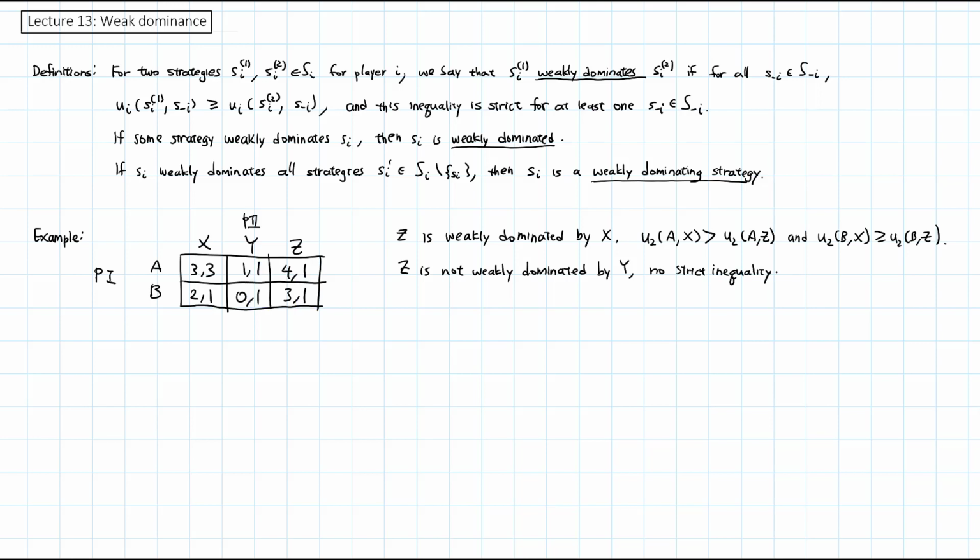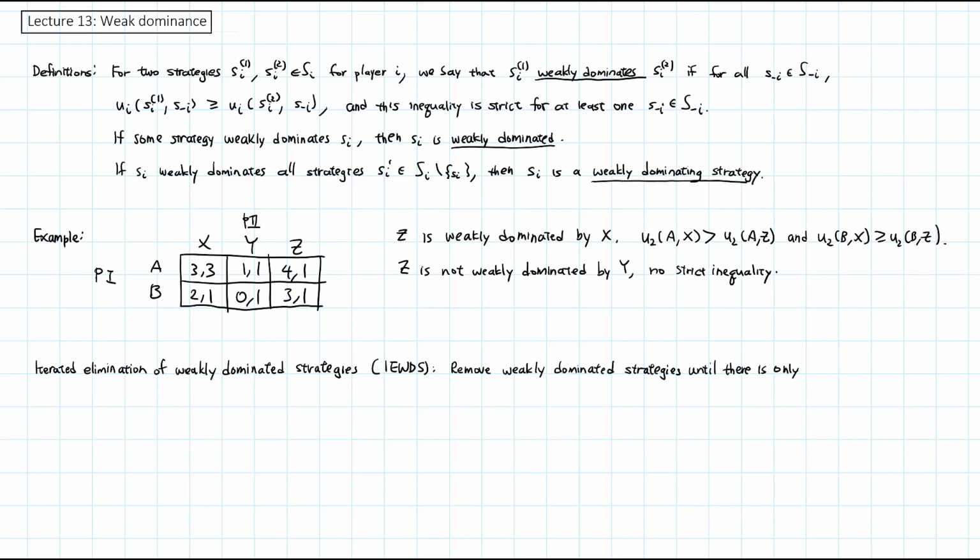Now we have a procedure similar to IESDS called iterated elimination of weakly dominated strategies, IEWDS. Here, we are removing weakly dominated strategies until there is only one strategy profile.